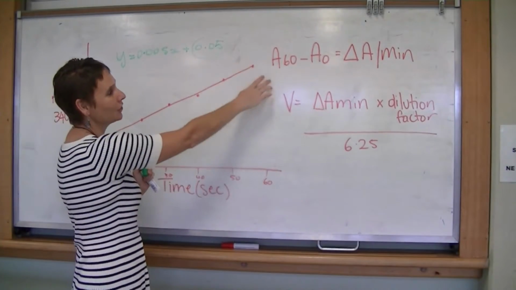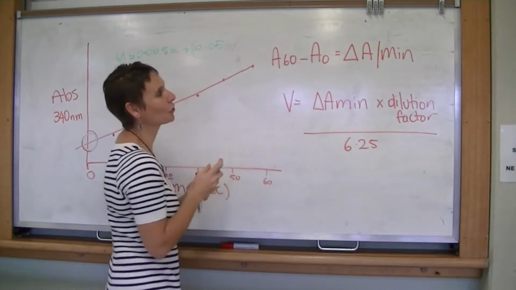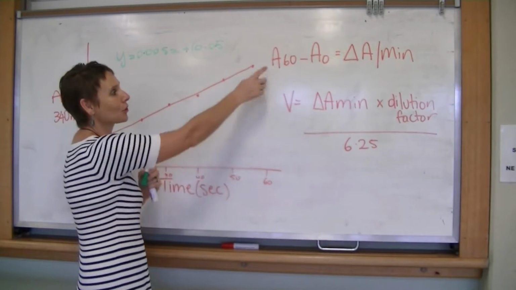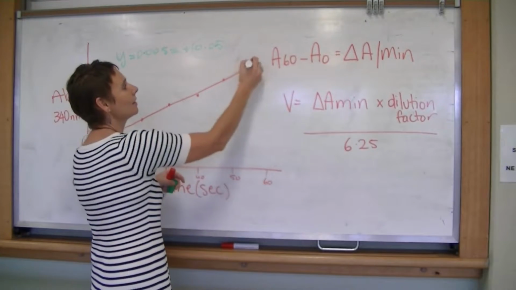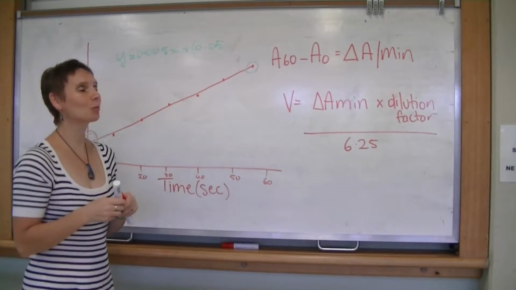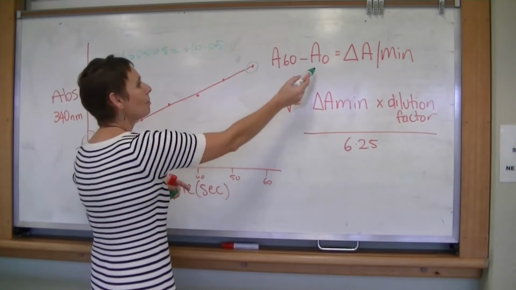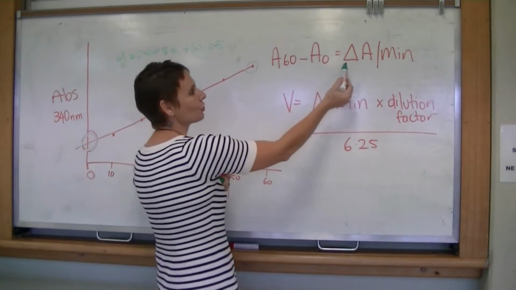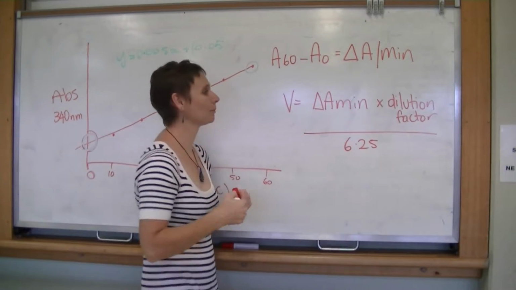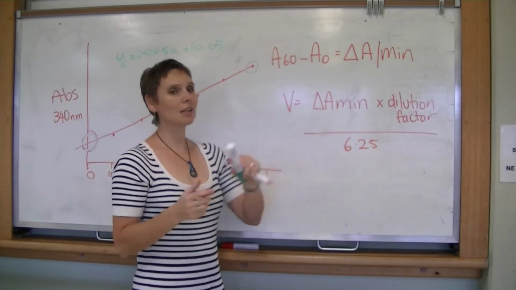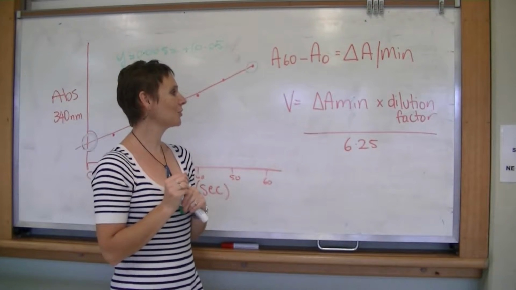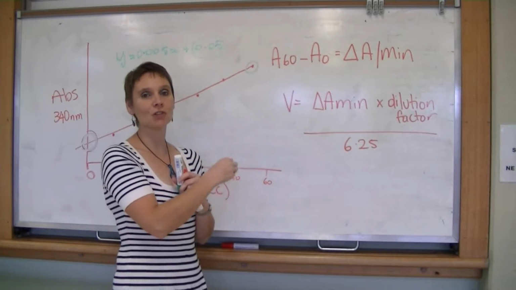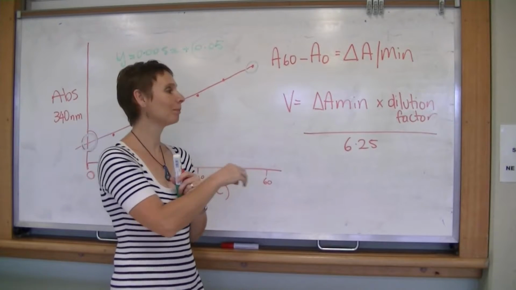You can then do the little calculation to work out what your change in absorbance per minute is. So take your A60 value, your absorbance at 60 seconds, minus the value you have calculated here. That gives you your delta A per minute. You can then put that straight into the velocity calculation, which gives you a velocity of the reaction for each substrate concentration.